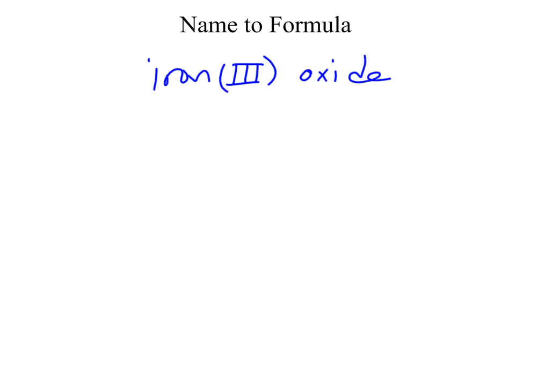All right, so iron 3 oxide. So what we want here is for the iron to be a 3+, which means that the iron is going to lose 3 electrons. Oxide is oxygen with a 2-.